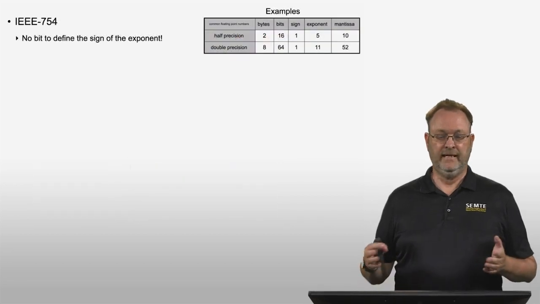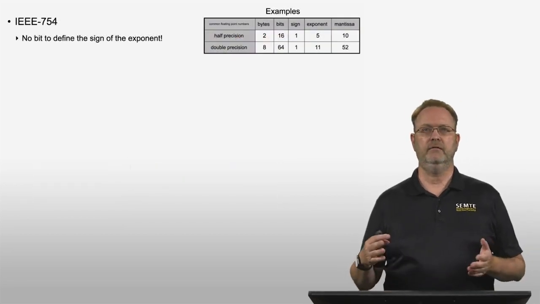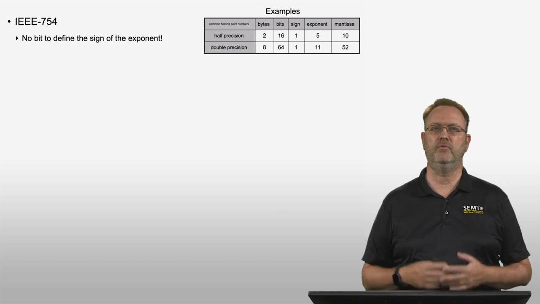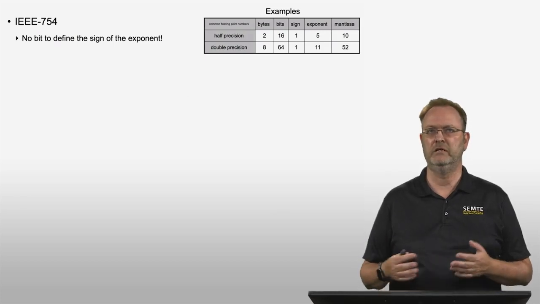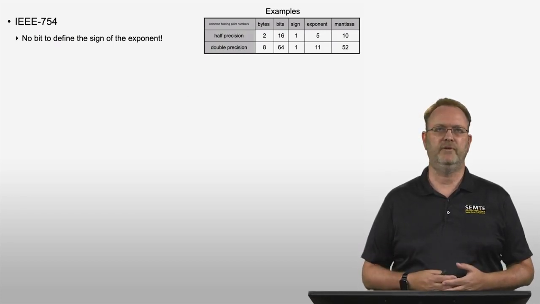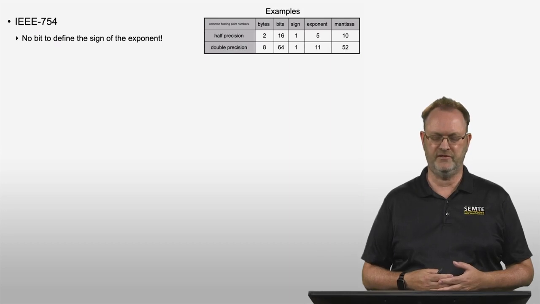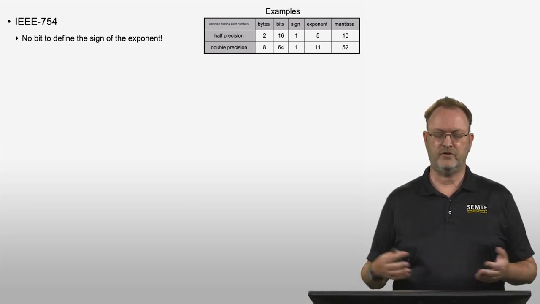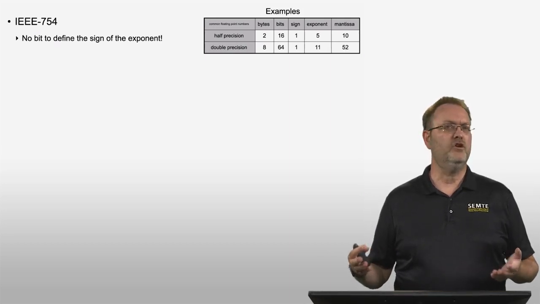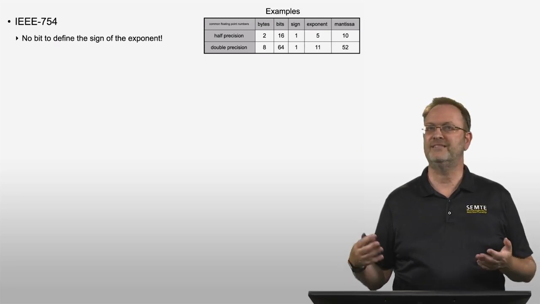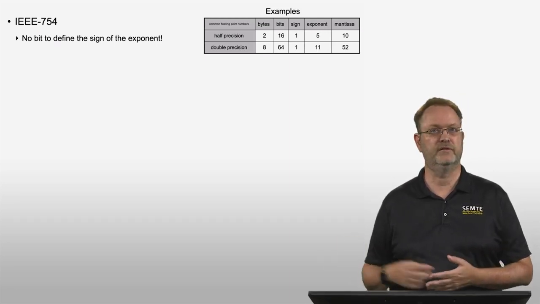Okay, so let's look at some examples of what the consequences and the meaning of this IEEE 754 definition are. The first thing that comes across is that there is no bit to define the sign of the exponent.